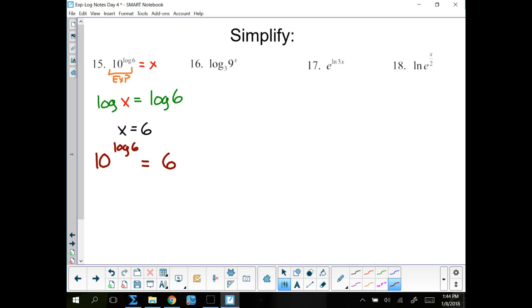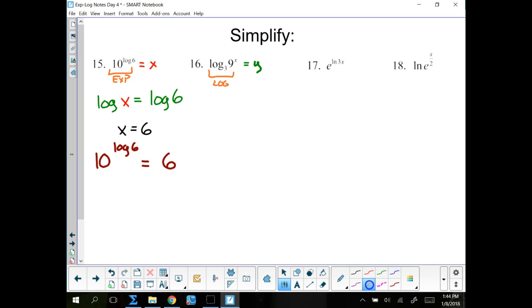All right, Freddie, you said you were stuck. Which one? 17? 16? No, 16. So if I set this one equal to, I can't set it equal to x because there's an x in the problem already. So let's set it equal to y. Which kind of form is it in? It's in logarithmic form.